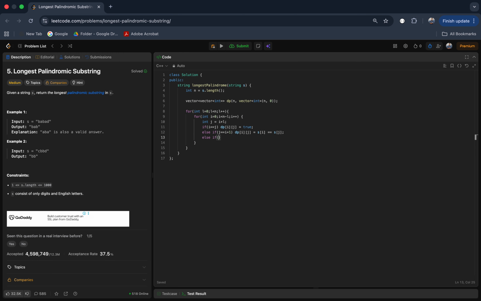Else, if both characters s of i and s of j are the same, then we need to have our dp of i and j from dp of i plus 1 and j minus 1, because we are going one character forward from the start and one character back from the end.